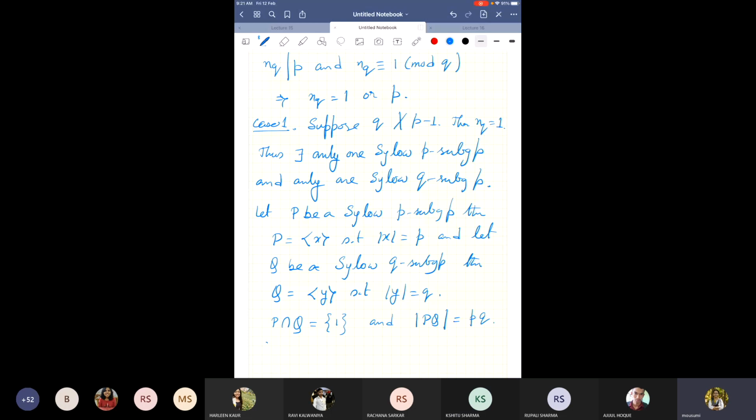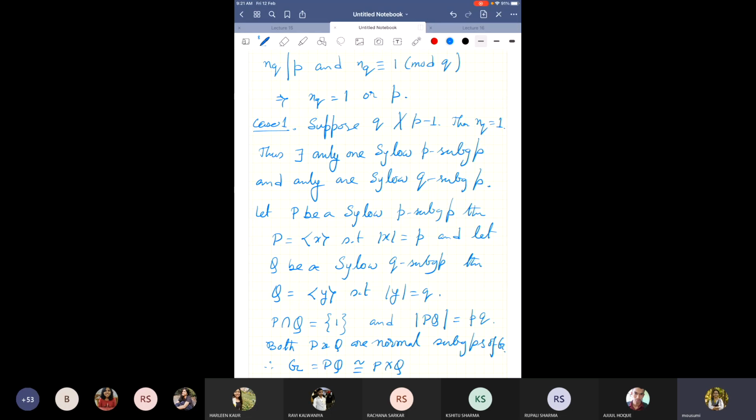Both P and Q are normal subgroups of group G. Therefore, what I can say is that G, which is equal to PQ, is isomorphic with P cross Q.